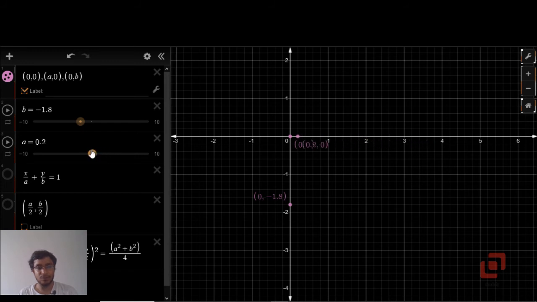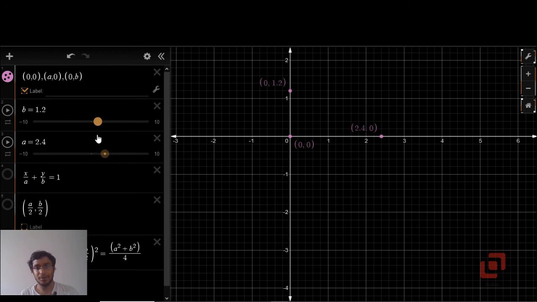If I reduce the value of a and if it becomes 0, then both the points coincide, and then it moves along the negative x-axis. Okay? Same thing you can play with y or b. If you increase b, the point will move away from the origin along the positive y-axis. If you decrease b, the point will still move away from the origin, but this time along the negative y-axis.